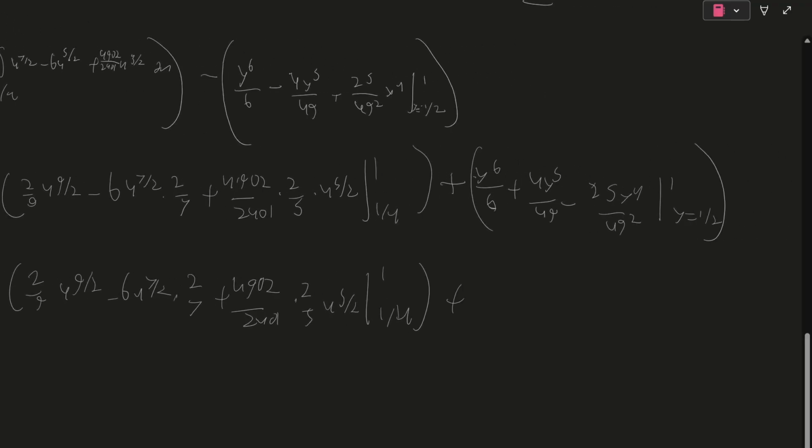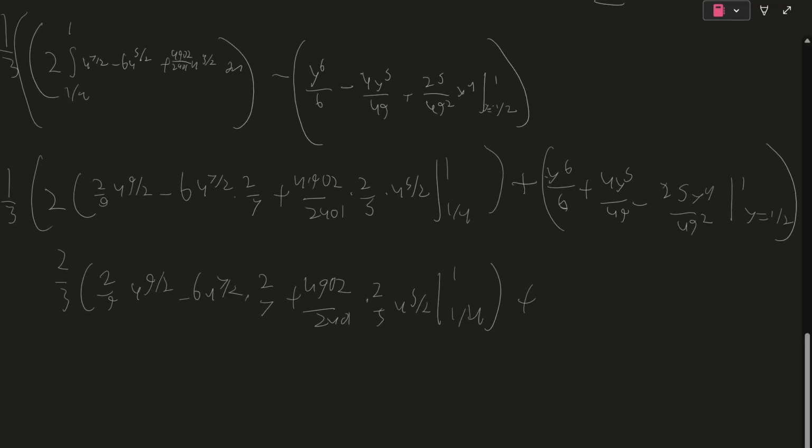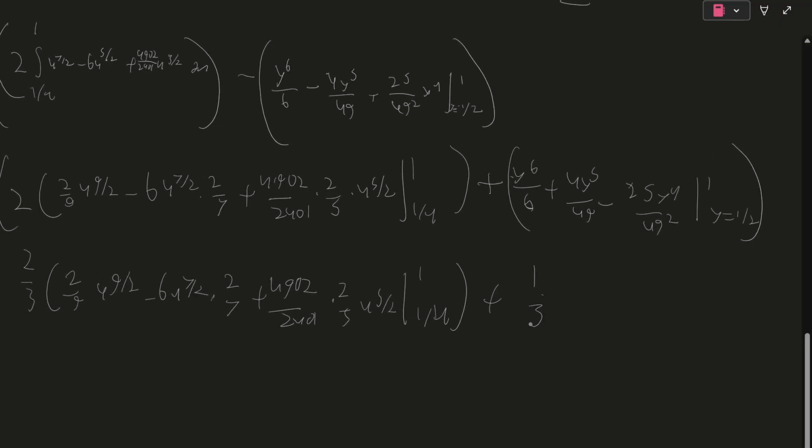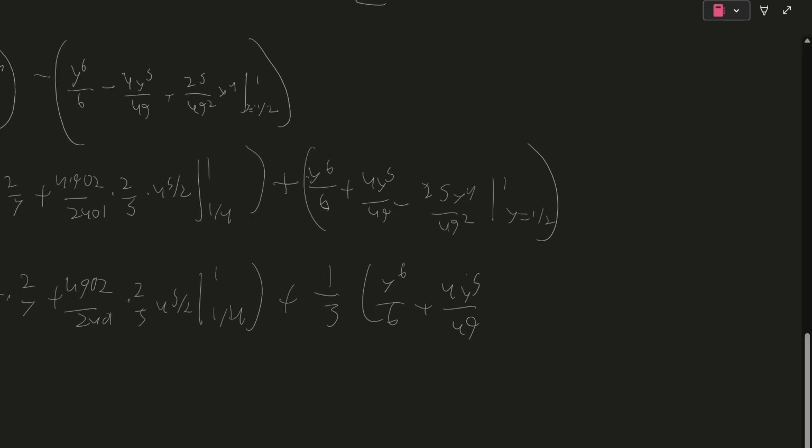Now we have plus 1/3 times y to the 6th over 6 plus 4y to the 5th over 49 minus 25y to the 4th over 49 squared.